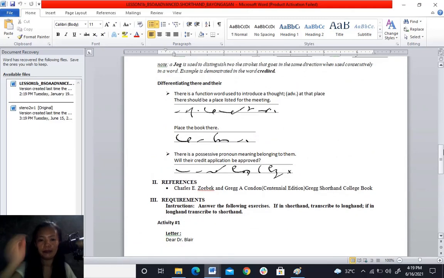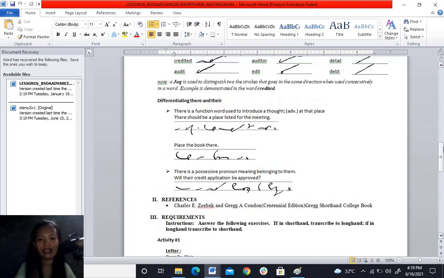And, hindi pa pala. Before I go, before we end this, merong mga tulad nito, makikita ninyo dito, yung differentiating the there and there. Okay, yung may mga ganyang type or may mga ganyang part ng lessons, parang mga tips, ganyan, on how you're going to improve your writing sa shorthand.